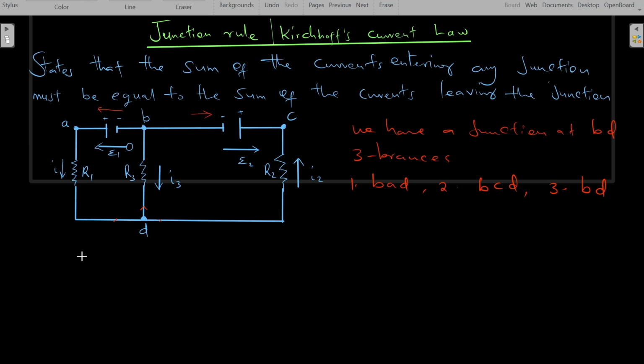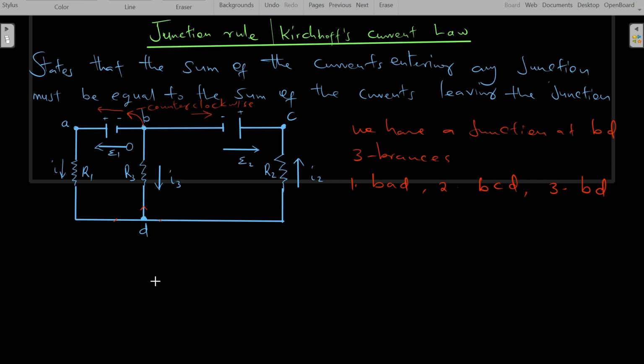then we traverse the left hand loop in the counterclockwise direction from point B. So if we traverse this from point B in the counterclockwise direction, we'll go to this side. Remember we're traversing the left hand loop.